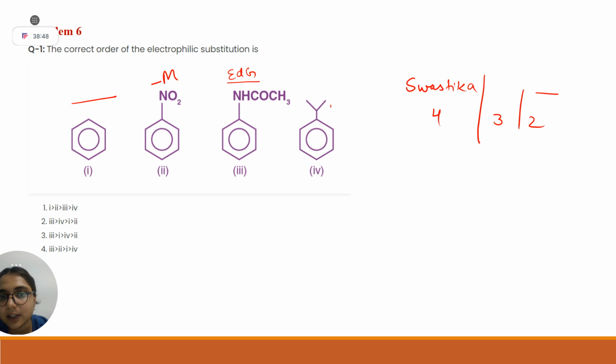It will increase electron density via plus I and hyperconjugation also. So one thing is clear, it will go last. The second option is last in options 2 and 3, so the fourth option is completely wrong. Then come options 2 and 3. There is competition between fourth and first.